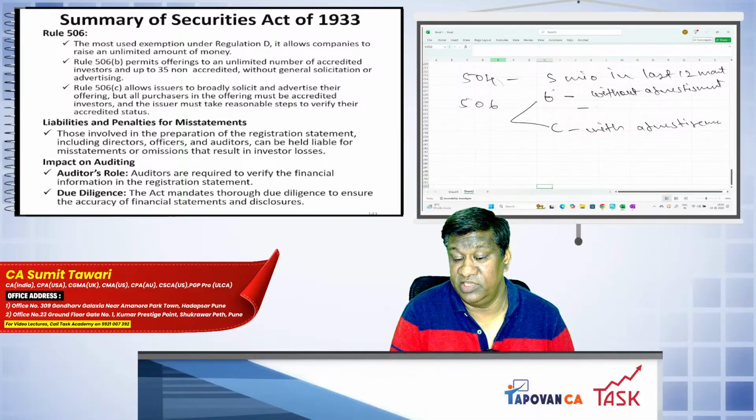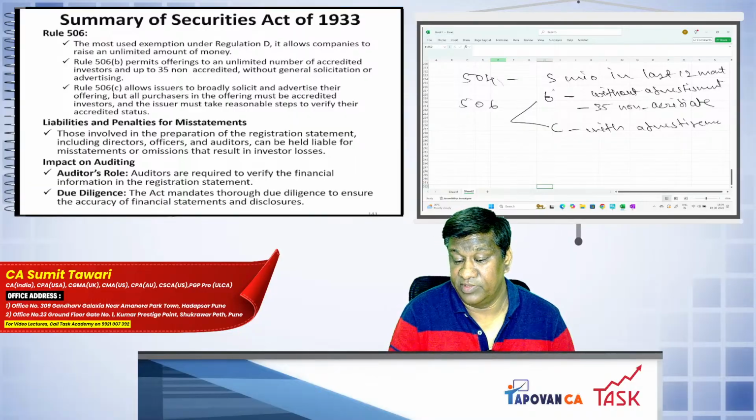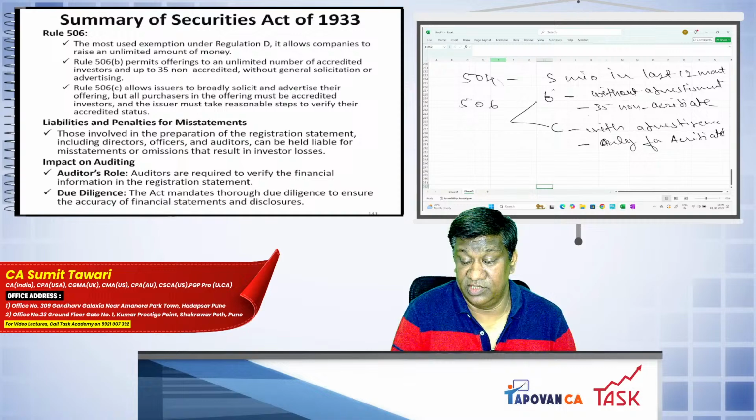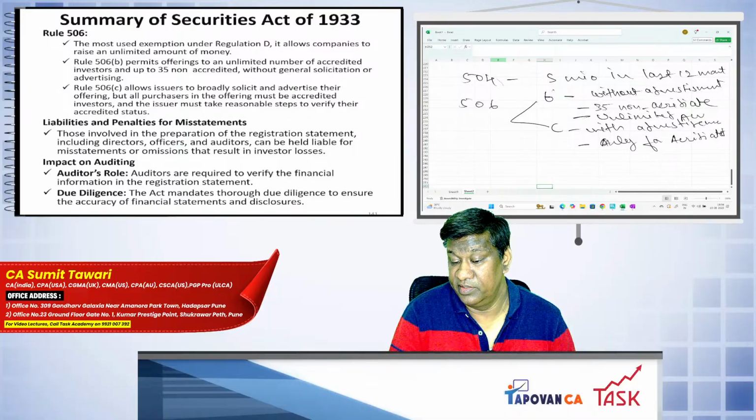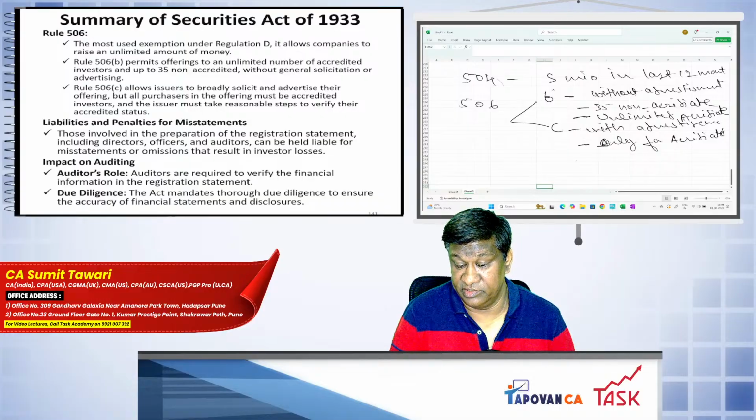Only up to 35 non-accredited. Here, only for accredited. So here, unlimited accredited. Or you can say the difference is zero non-accredited.